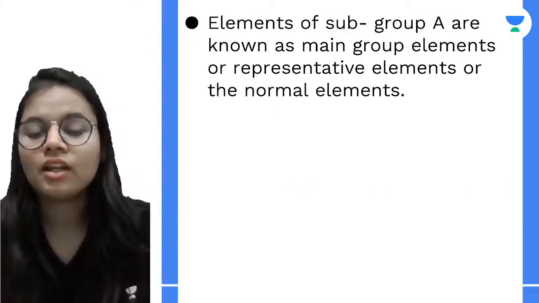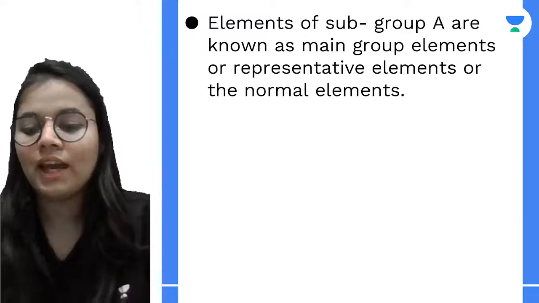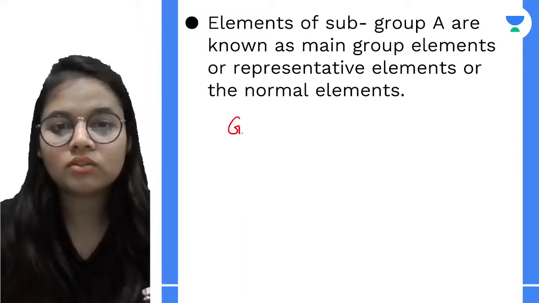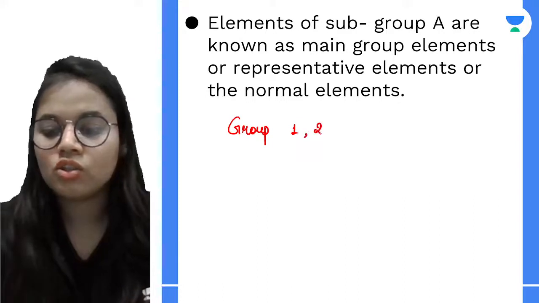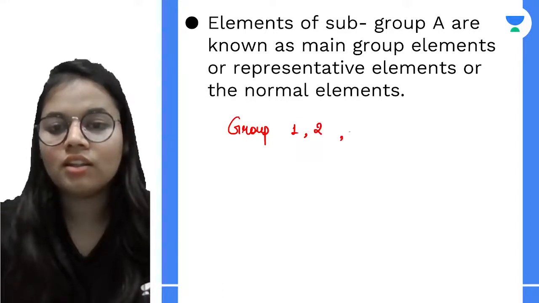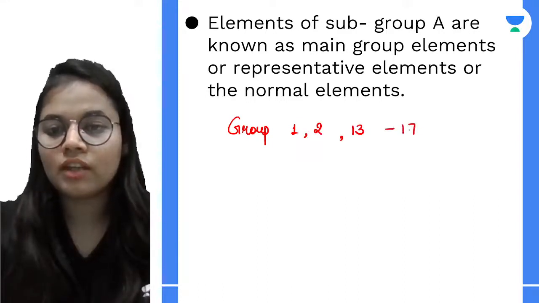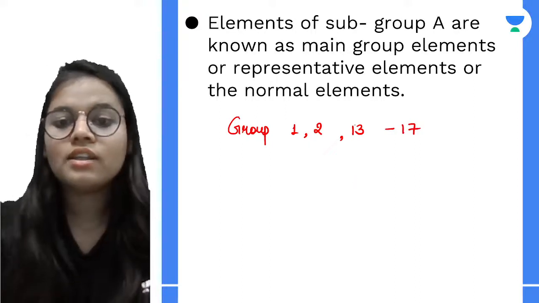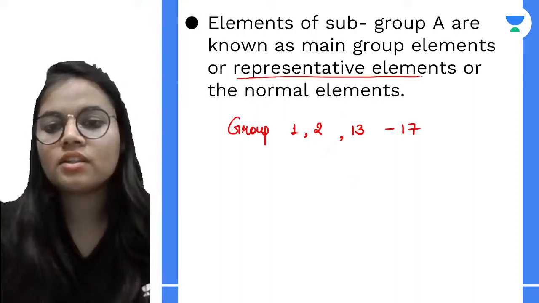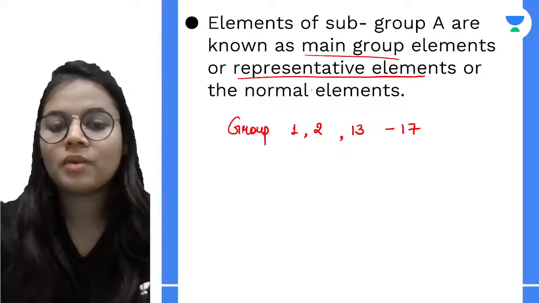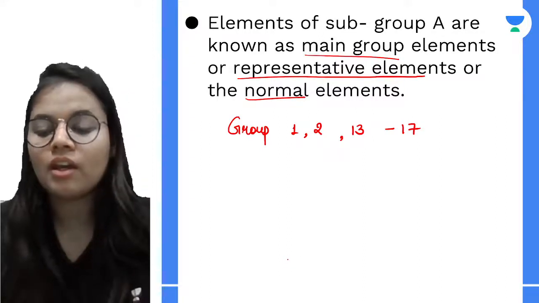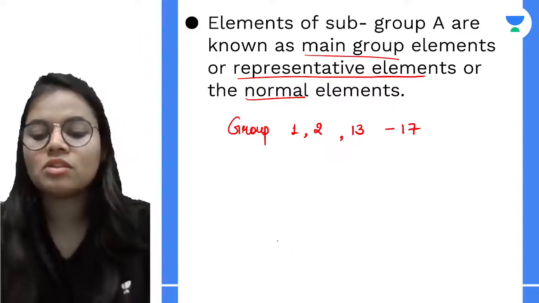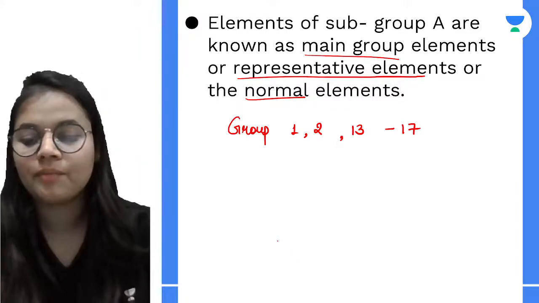The elements of subgroup A include the elements of groups 1, 2 and 13 to 17. These are known as representative elements, main group elements or normal elements. They have their outermost shells incomplete.